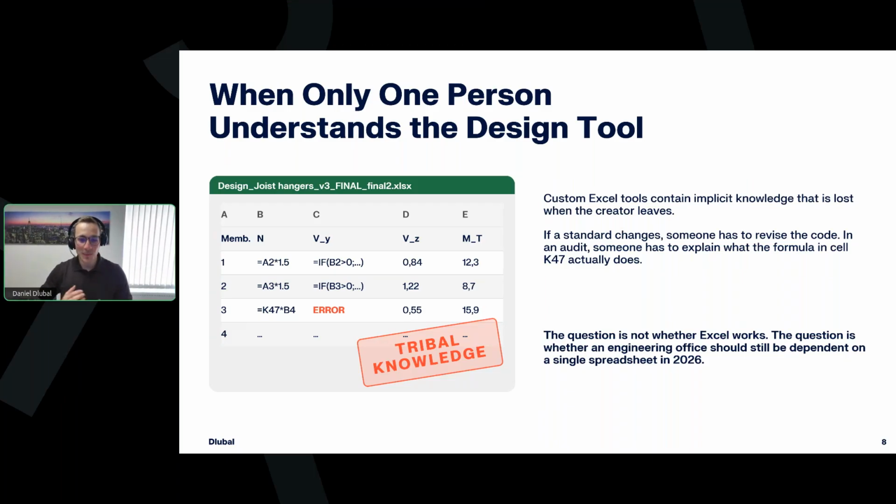So the thing is, if a standard changes, someone has to revise the code. This is something you have always to be aware of, and someone has to explain what the formula in the cell actually does. So at the end, the question is not whether Excel works. Excel works brilliantly. But the main question is whether an engineering office should still be dependent on a single spreadsheet in 2026.